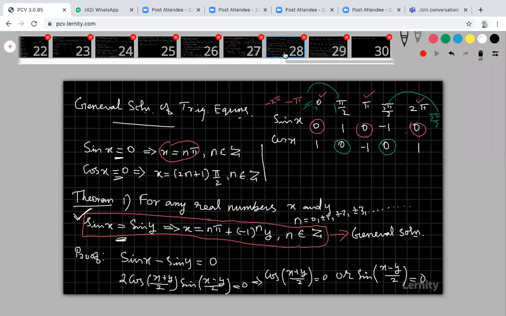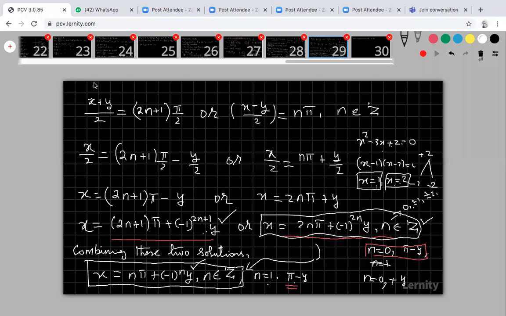Look at that. Compare this and this. Your cos x is equal to 0. Here, instead of cos x, x plus y by 2 is there. This is my x, totally. Here, x is equal to 2n plus 1 pi by 2, and here this is my x. Therefore, my x plus y by 2 equals this 2n plus 1 pi by 2. Are you okay or not?